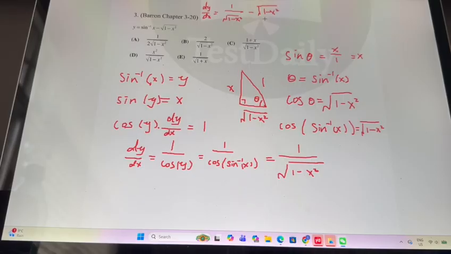And then if we simplify this, we change the denominator so that it's the same, and that gives us 1 minus 1 plus x squared over square root 1 minus x squared, and this cancels out, so it becomes x squared over square root 1 minus x squared. So this is our answer, which is D.